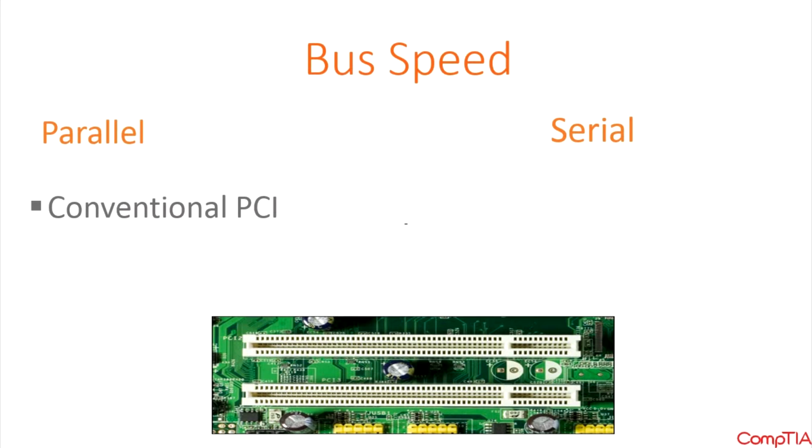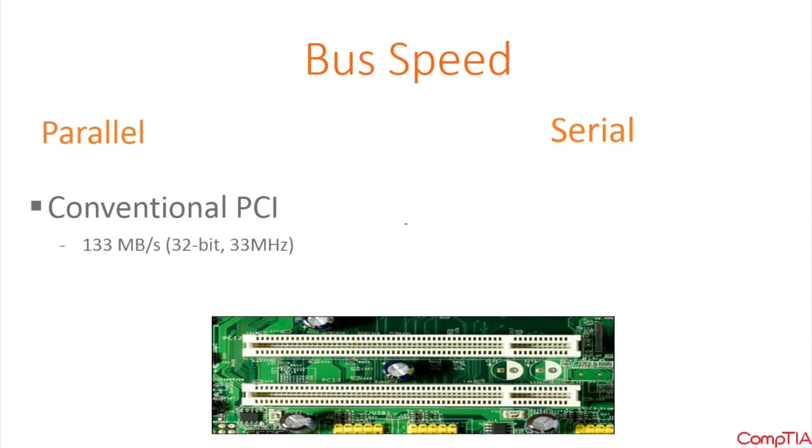Now, I mentioned conventional or old school PCI here, even though it's not exactly a dead technology, but certainly a legacy one, because you will still find it even on current motherboards. It operates pretty slowly, 133 megabytes per second at 32 bits and 33 million cycles per second.